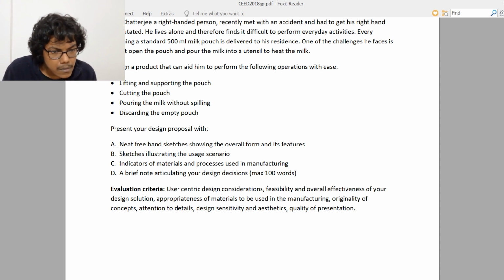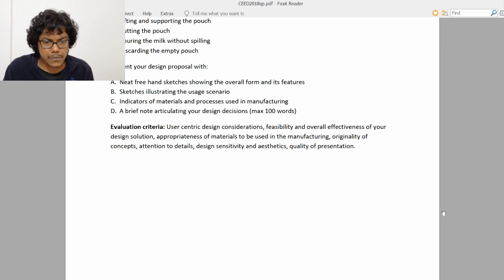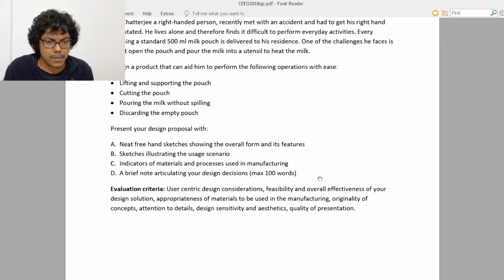Okay, so what all are the criteria? Your freehand sketch, so don't use scale, don't even bring the scale. Like in CEED you don't need scale, you should be sketching freehand. And its features: sketch illustrating the usage scenario, indicators of method and process used in manufacturing, a brief note articulating your design decision.